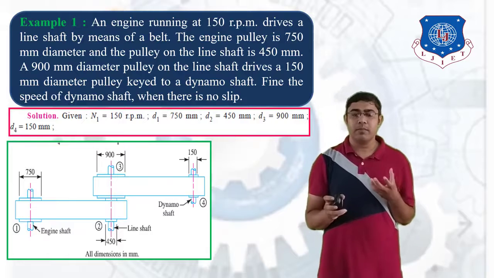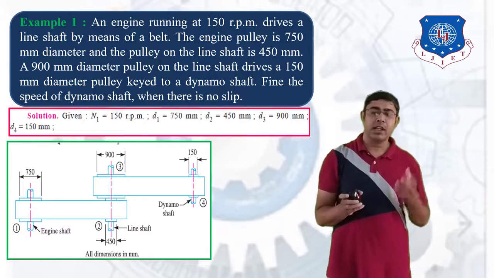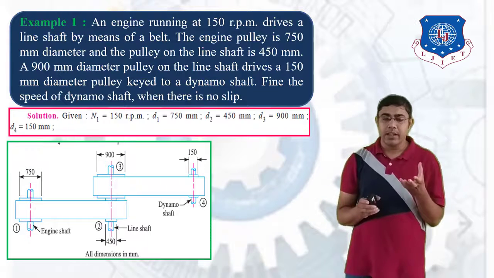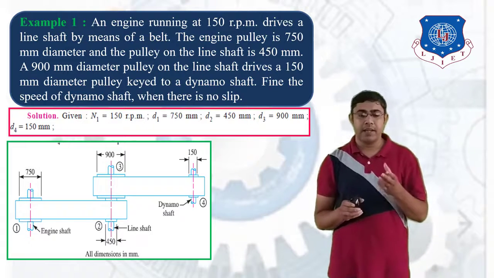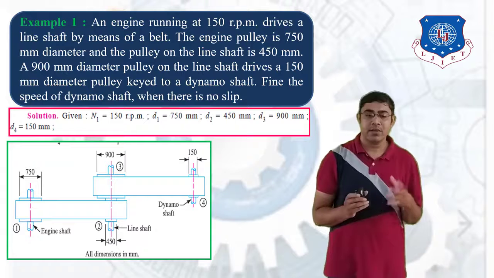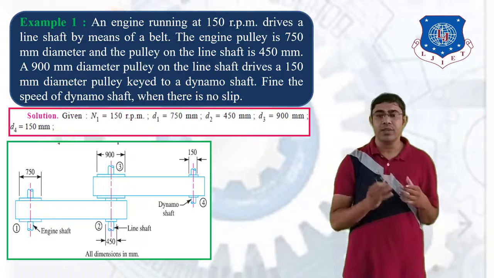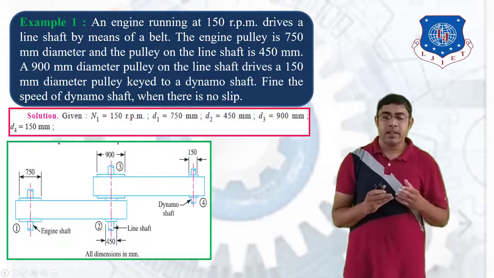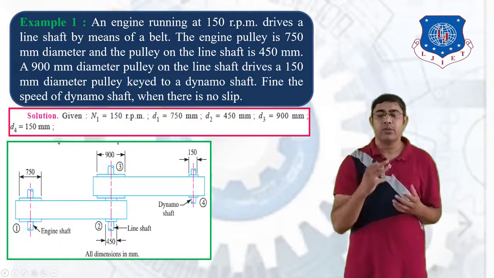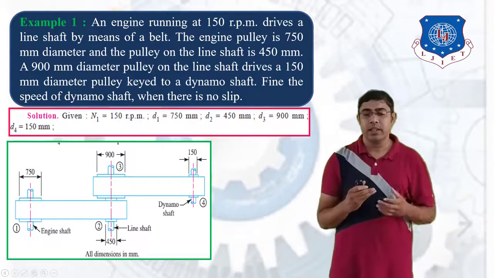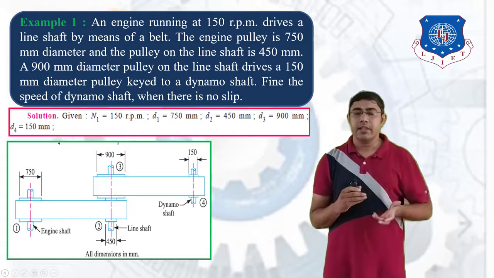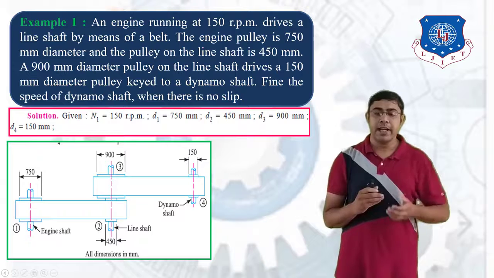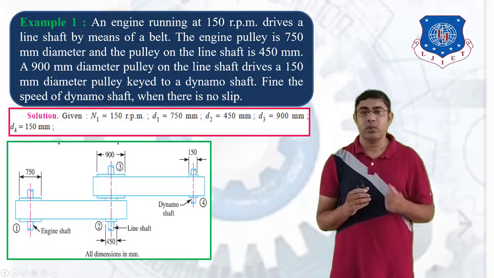According to the problem, you can see in the figure the engine shaft, line shaft and dynamo shaft, and the pulleys mounted on these shafts. The engine shaft pulley is 1, and on the line shaft there are 2 pulleys mounted, pulley 2 and pulley 3, and pulley 3 drives the pulley mounted on the dynamo shaft, which is denoted as pulley 4.